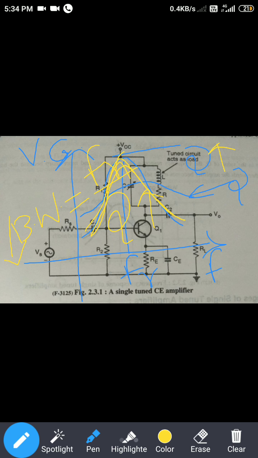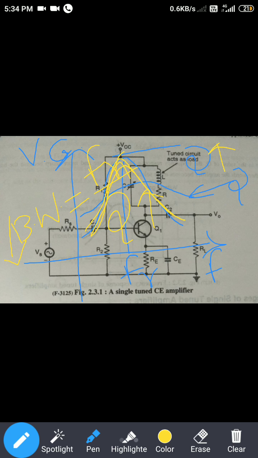What are the advantages of this single tuned amplifier? Simply, the frequency response is very sharp. So for a particular selection of frequency, we can use these types of amplifiers. Another advantage is that output impedance can be matched with the load impedance. But there are some disadvantages too.